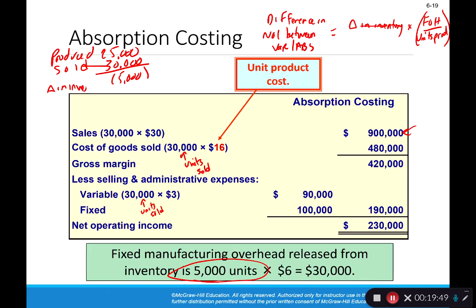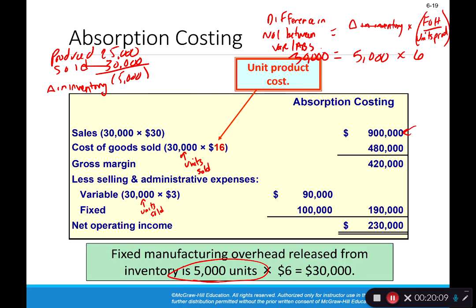Now, I'm not going to have you put in negatives or positives. I think that's just going to screw with your mind. Instead, the change is still 5,000 times the 6 fixed overhead per unit gives us the difference in income, which is 30,000. How do I know which is higher?